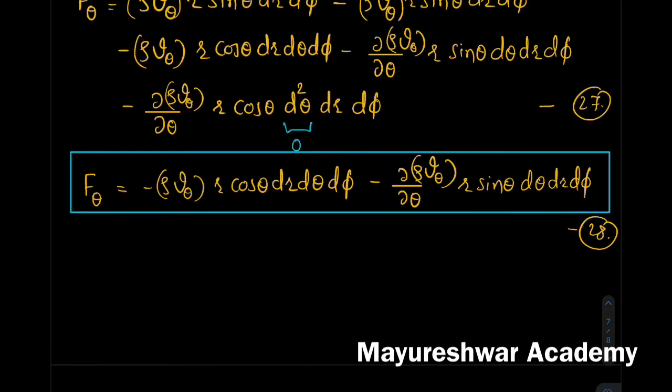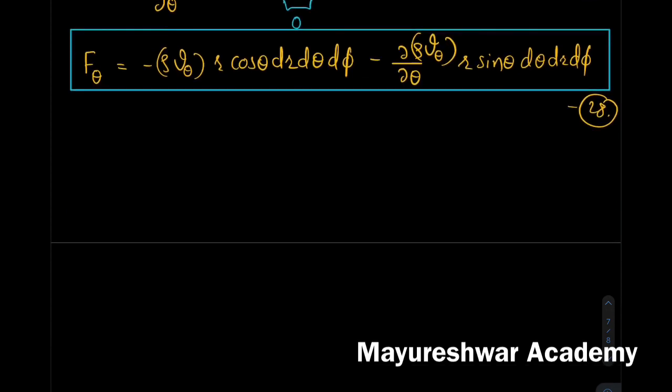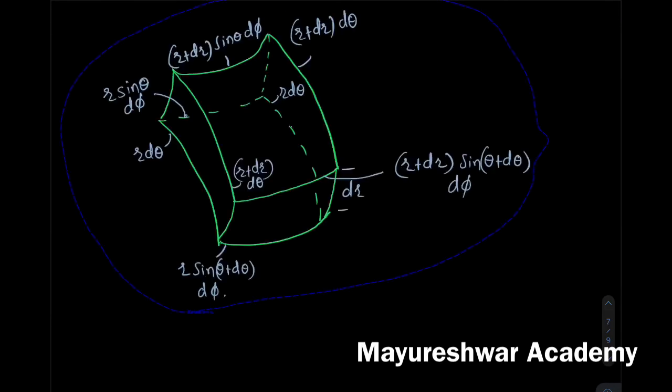Okay, so let us proceed with the flux along the phi direction. Let us use again the same element. Phi is along the sidewise direction, or otherwise the front face and back face.